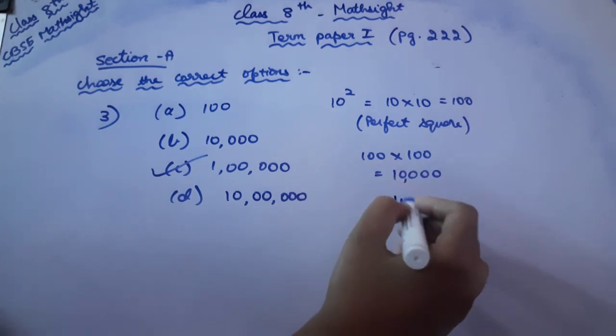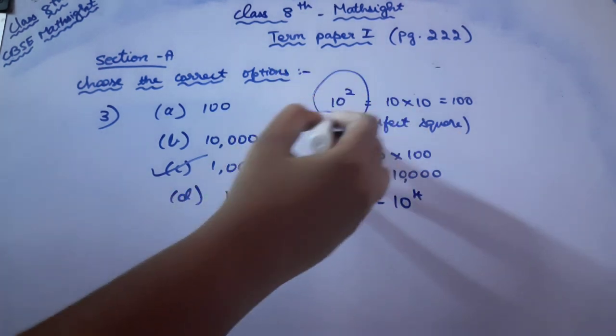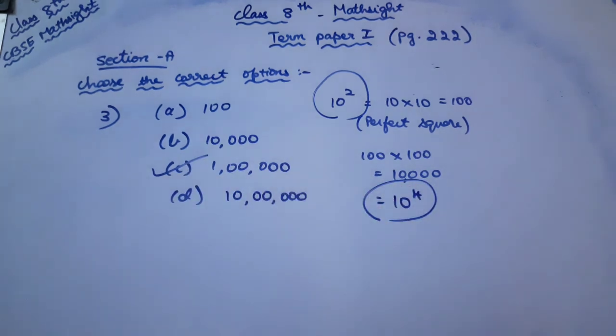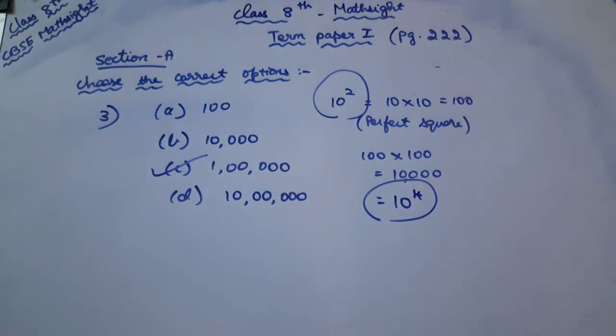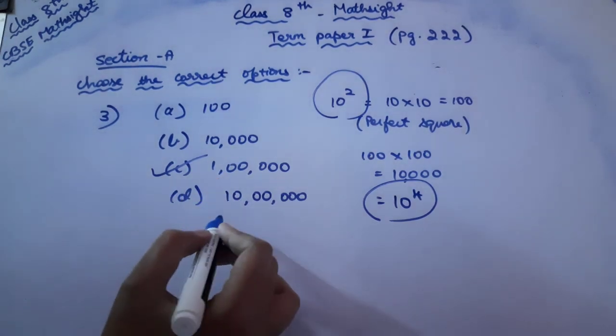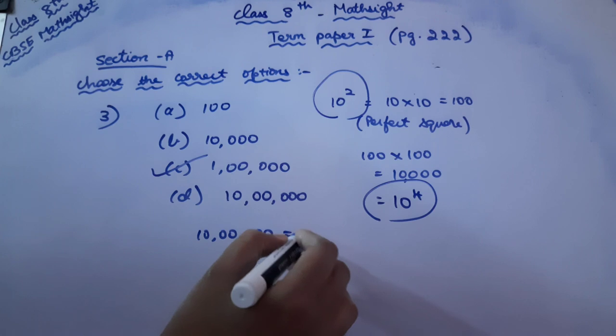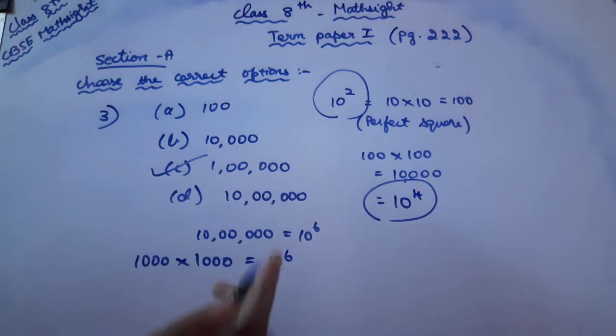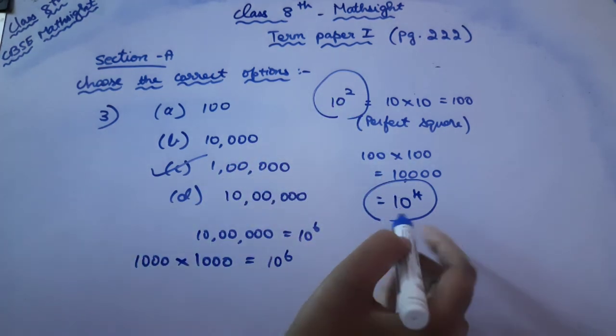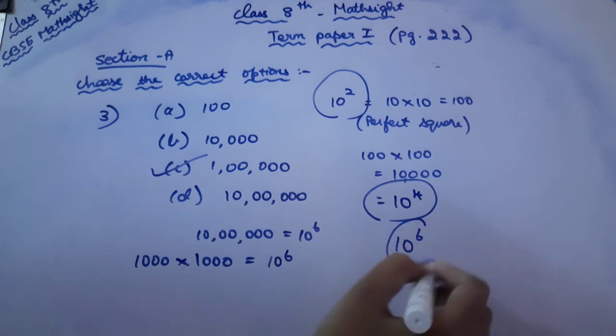When the zeros are in even numbers, it will be a perfect square. Here we can see 10 to the power of 6. So 10 lakh is 10 to the power of 6, which is also a perfect square. Whenever it is 10 to the power of an even number, it is a perfect square.